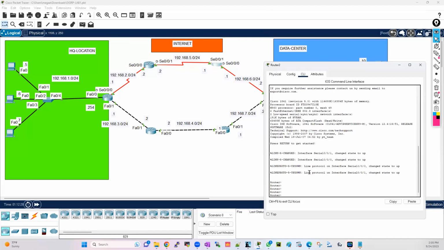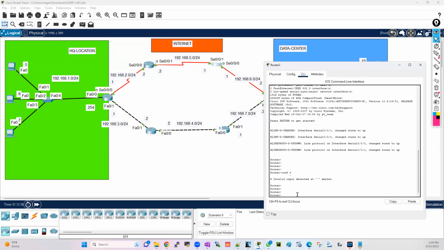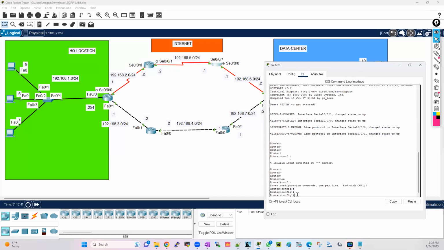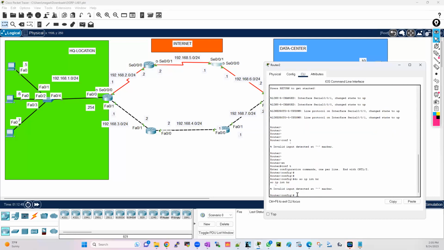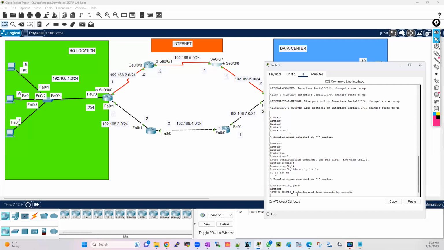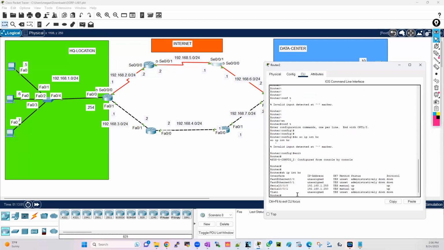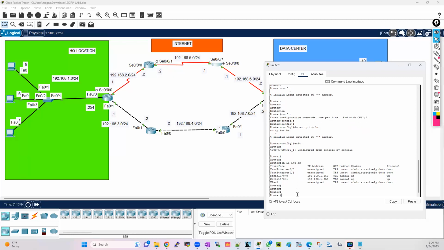So we copy it and we move to the router. Okay, the router has some configuration from before too. Enable, conf t, show IP interface brief. Two serial cables are up and running with different IPs.